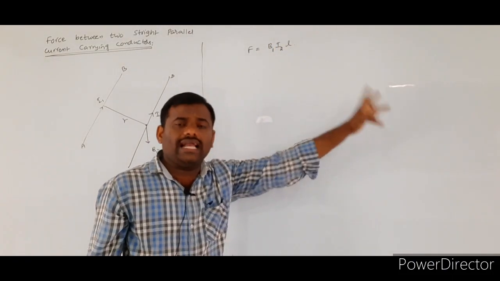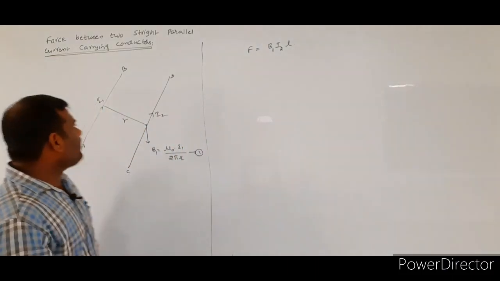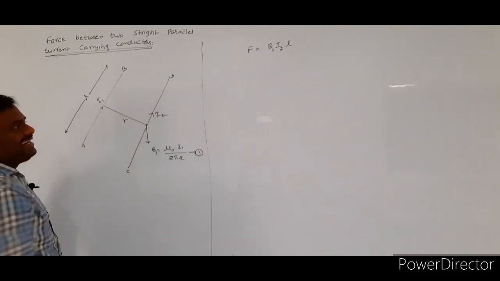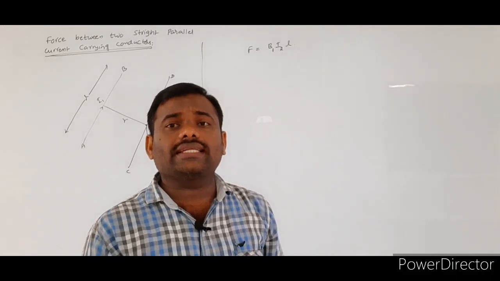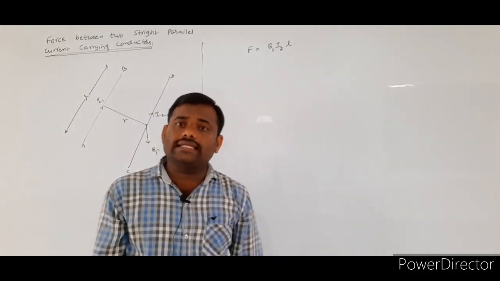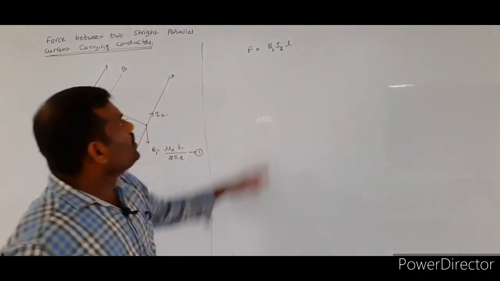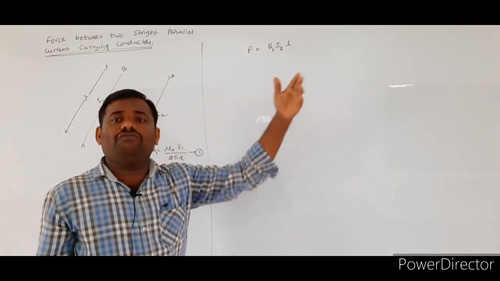L denotes the length of the given current carrying conductor. Here we are assuming that both the conductors are identical, meaning both have the same length. Now, this is the force experienced by the second conductor due to the first conductor.